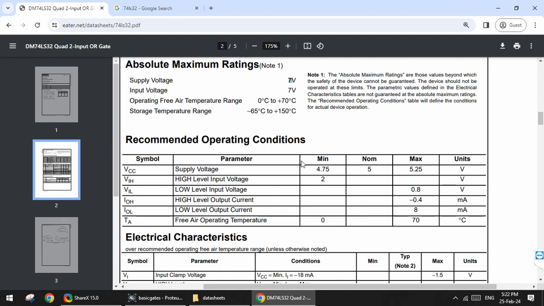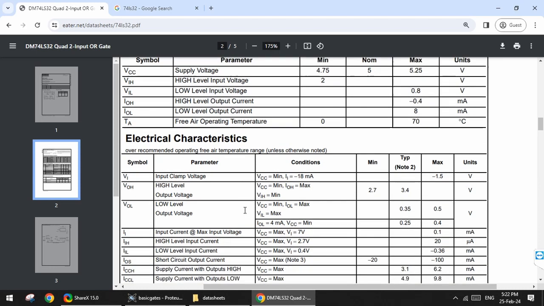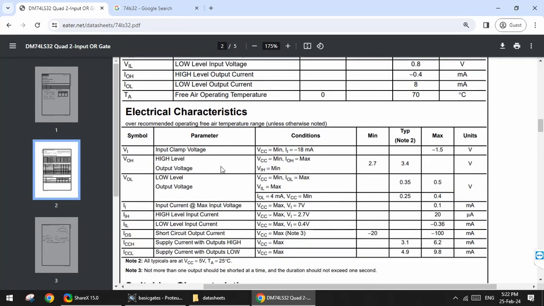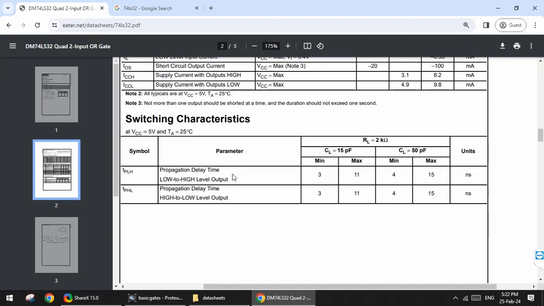Similarly, just like operating voltages, we also have the values for logic low and logic high. If you give a signal of 2 volts or above, this IC is going to consider it as logic level high, and if you give 0.8 volt and below, it is going to consider it as logic level low. Similarly, you have the output current and input current, and these are more electrical characteristics.